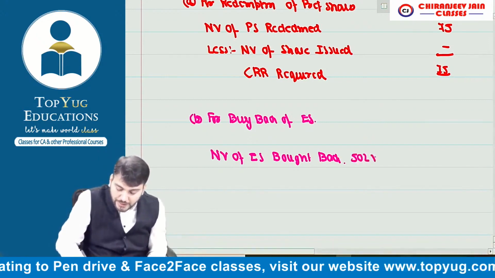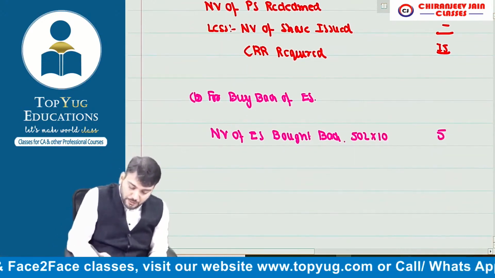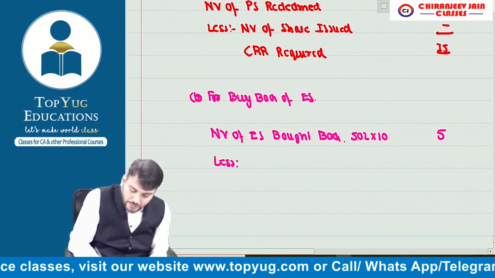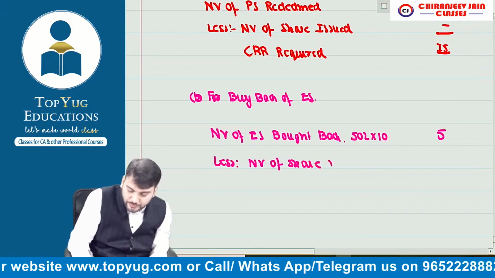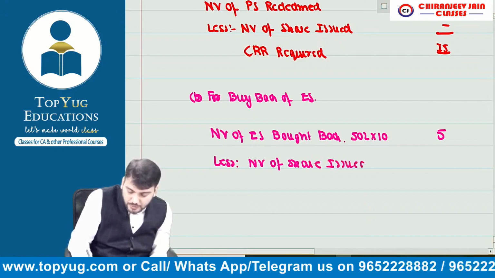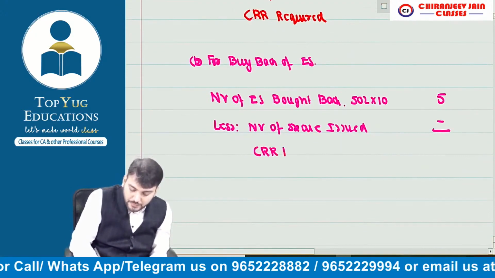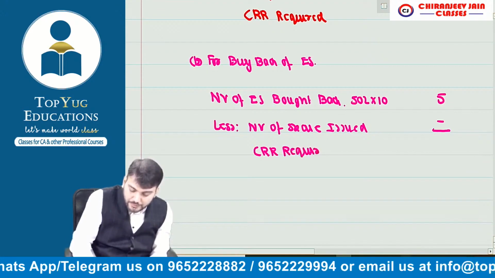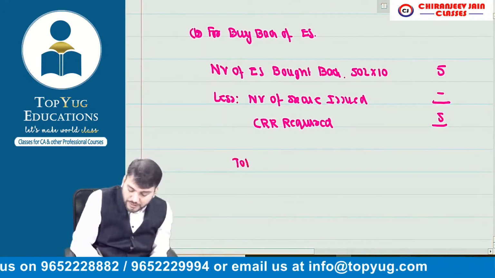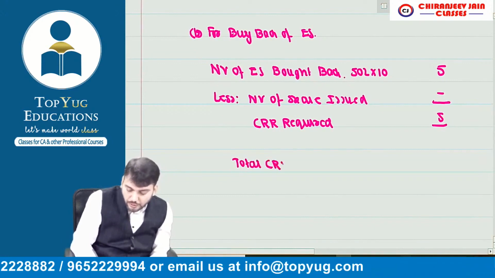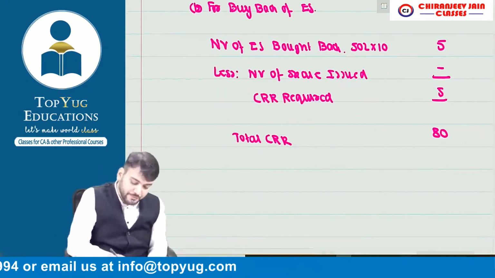So 50 lakh into 10 is equal to 5 crore. 5 crore less nominal value of shares issued, nothing. So how much CRR is required? CRR required is equal to 5. So what is the total CRR? Total CRR is equal to 80. Correct?